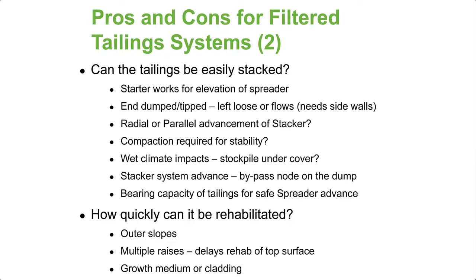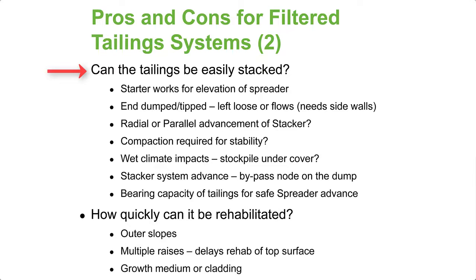Continuing in terms of pros and cons of these systems, how easy is it to stack the tailings? What sort of starter works do you need? Do you need an elevated situation where your spreader can start off and you've got space where it can deposit? Or can you start off right at ground level and build up from ground level in layers? That depends on whether you're using a spreader, whether you're using trucks, and whether you can let the material flow.